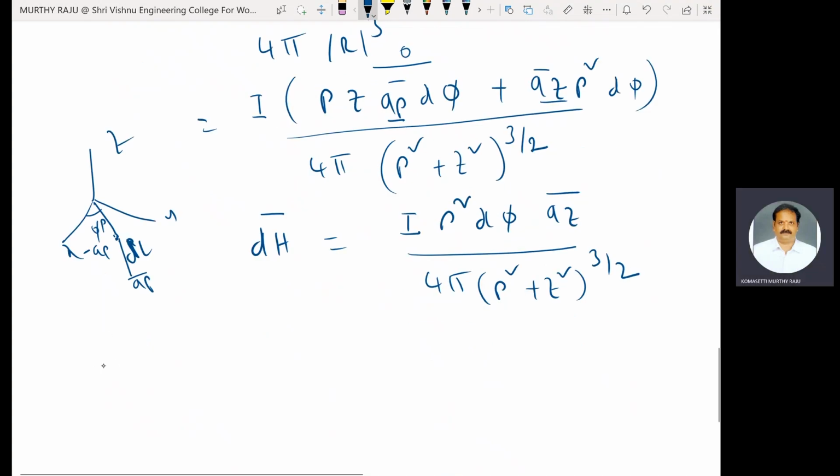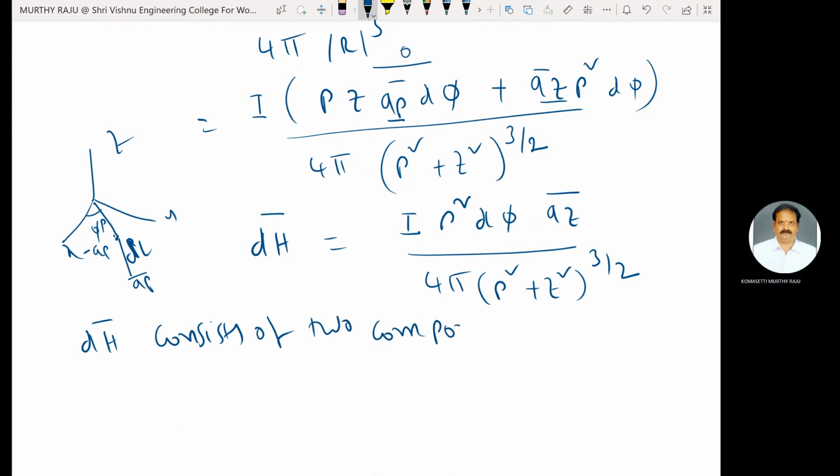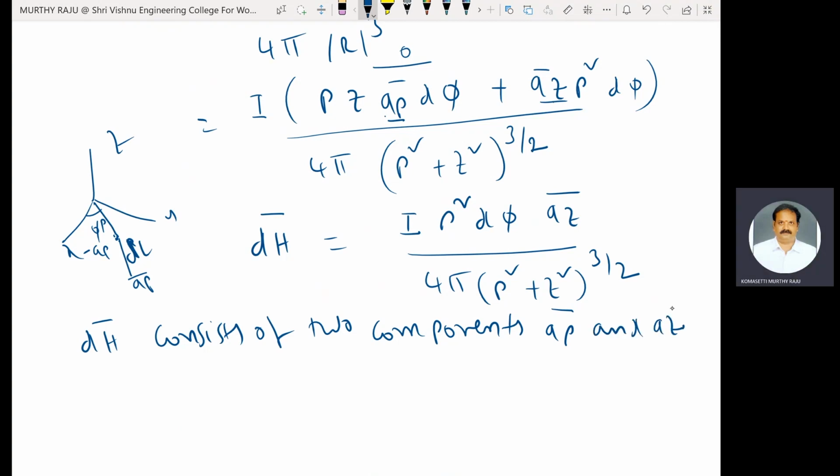Why is this 0? dH bar consists of two components, a rho bar and a z bar.